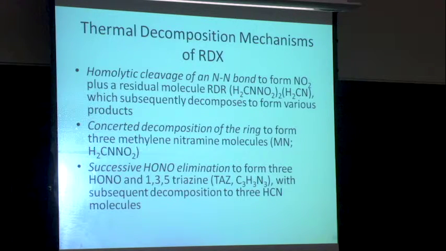Remember, on the RDX there are 3 NO2 groups, and adjacent to each of those NO2 groups is a carbon atom with 2 hydrogen atoms. So I can successively form these 5-member centered rings and eliminate 1 HONO, then a second HONO, and a third HONO, and I end up with a very small ring structure left.